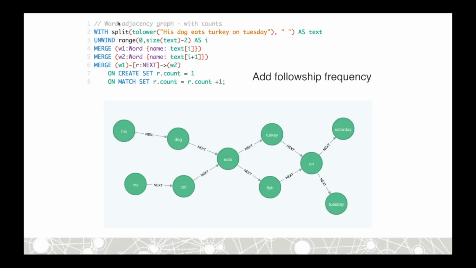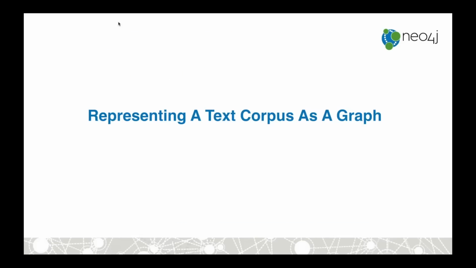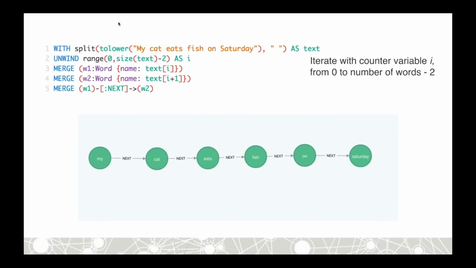And I just had a question about what the keyword unwind is doing in our example. If we look at this here, basically what unwind is doing is allowing us to iterate over the previous array. And we're passing unwind the range function. So it allows us to iterate with a counter variable.